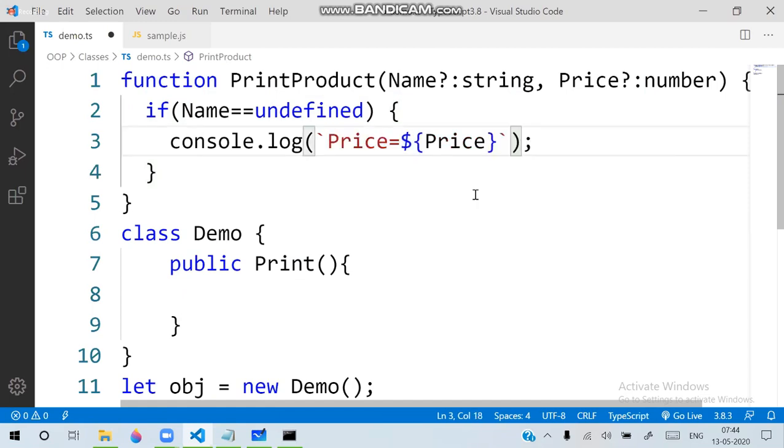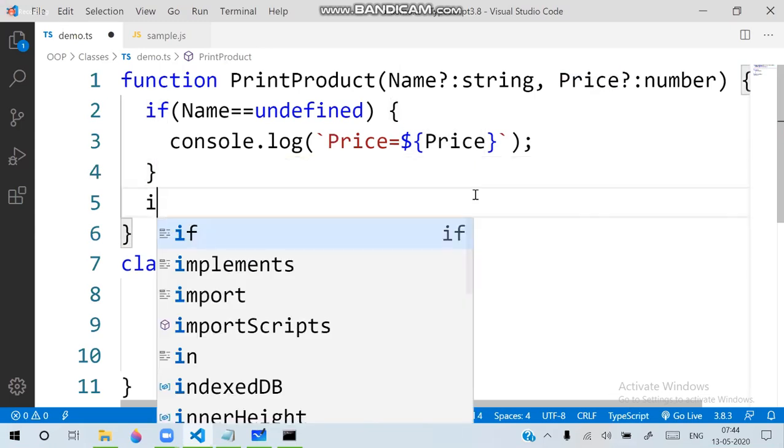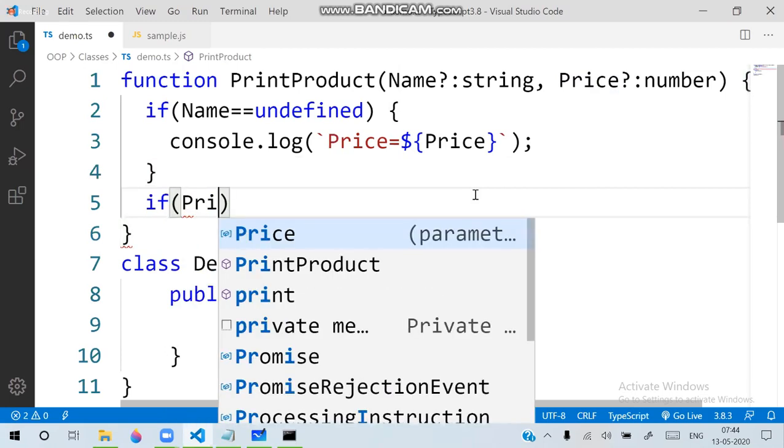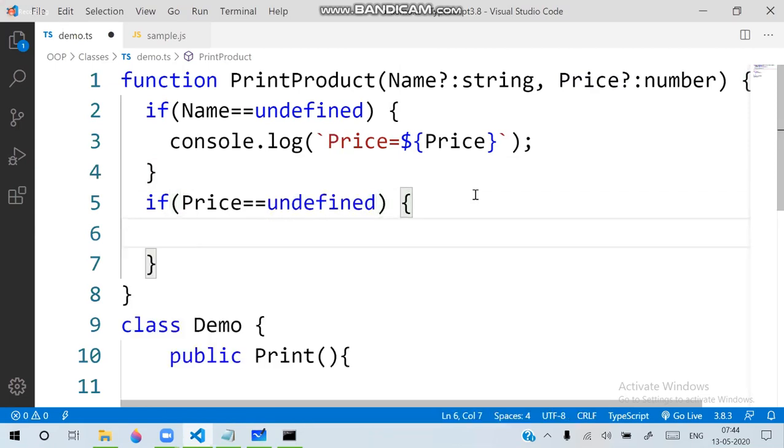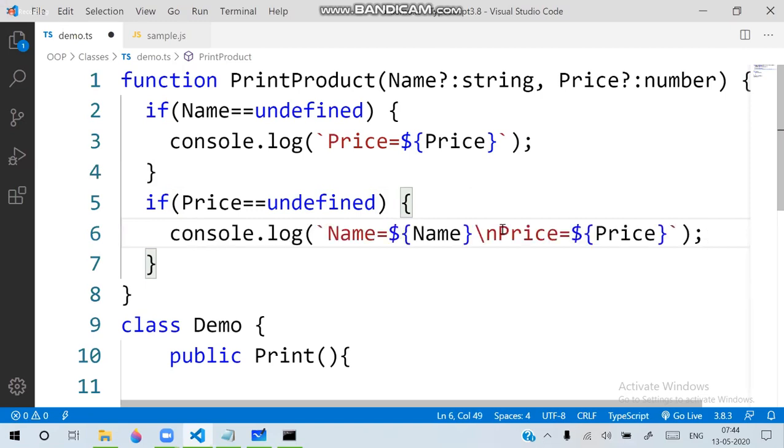Else if price is undefined, or another simple condition we can write here, if price is equal to undefined, I have to print only name, I don't need to print the price. That is another approach.